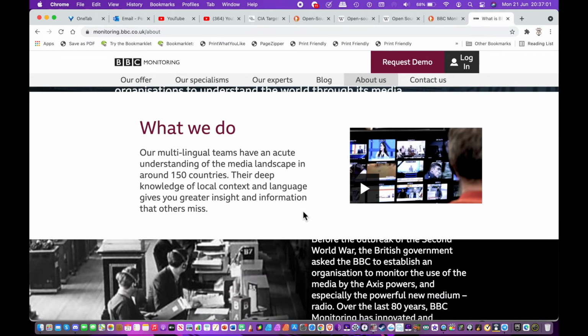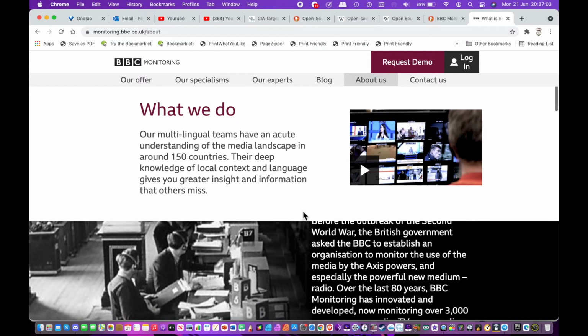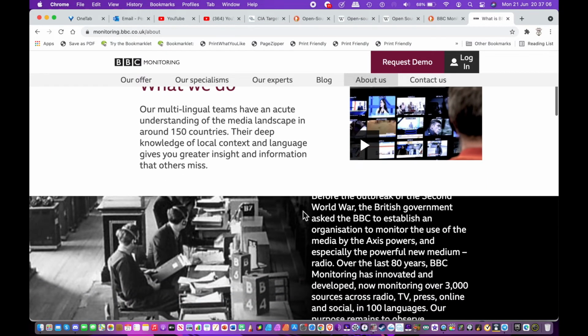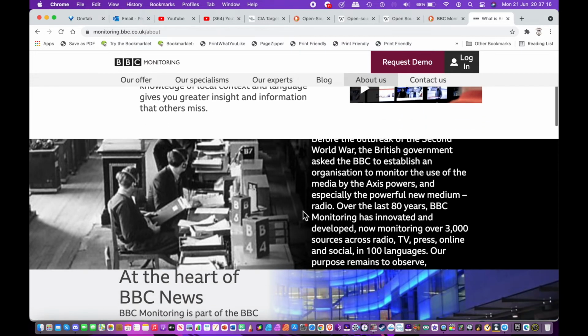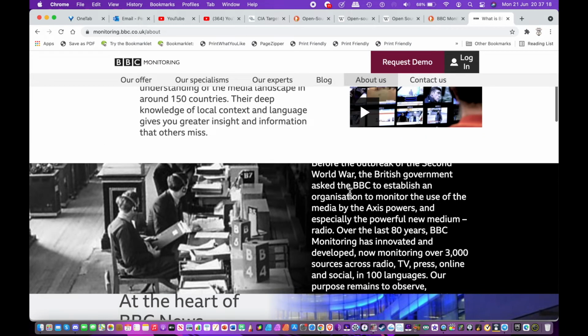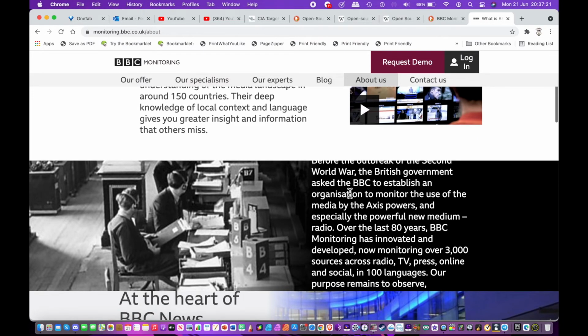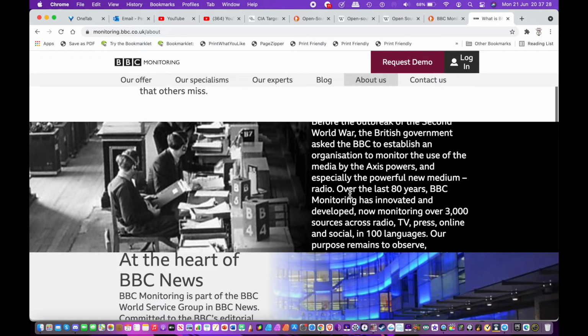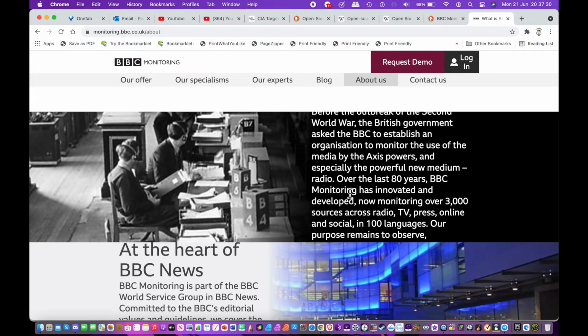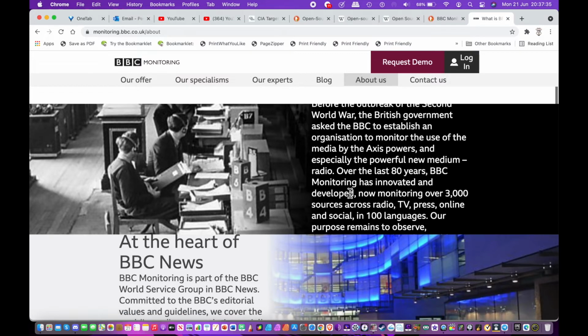What we do, our monitoring teams have an understanding of the media landscape in around 150 countries. The deep knowledge of local context and language gives us greater insight and information that others miss. Before the breakout of the Second World War, the British government asked the BBC to establish an organisation to monitor the use of the media by the Axis powers, and especially the powerful new medium radio.